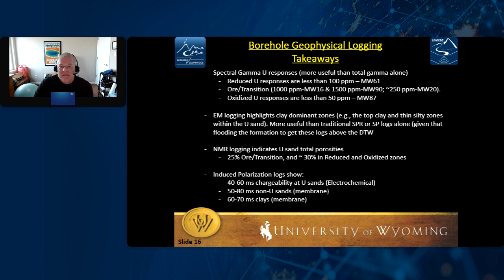We're generally fairly high, 1,000 to 1,500, in the primary high ore zone deposit areas. But in the transition zone, where those parts of that arcuate curve are disseminating towards the reduced, we still get 250 ppm. Oxidized responses are even smaller than either the reduced or the ore, generally less than 50 ppm.